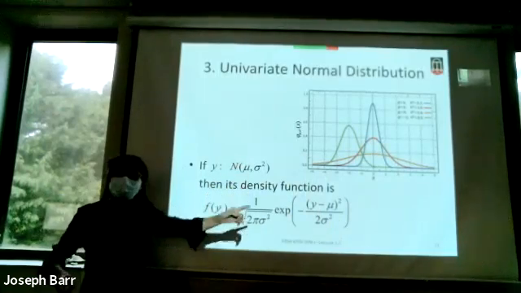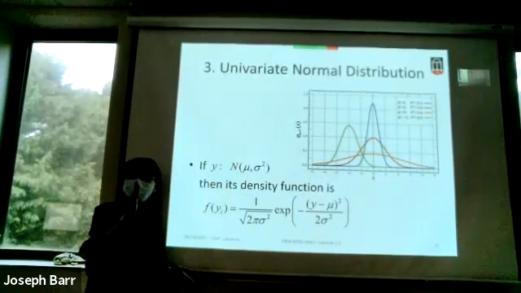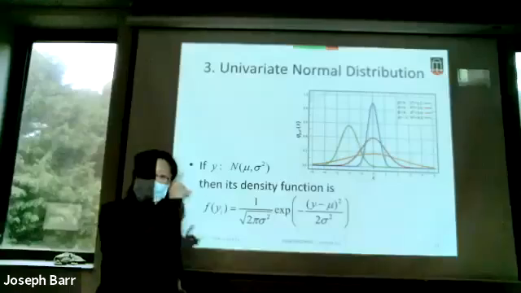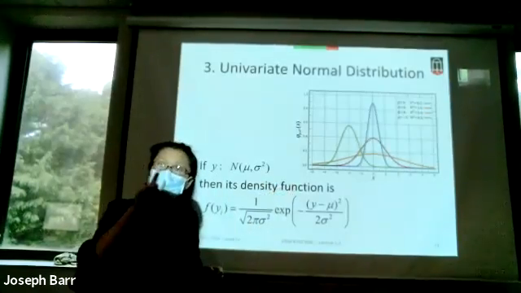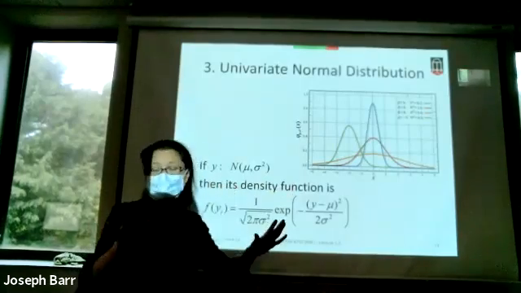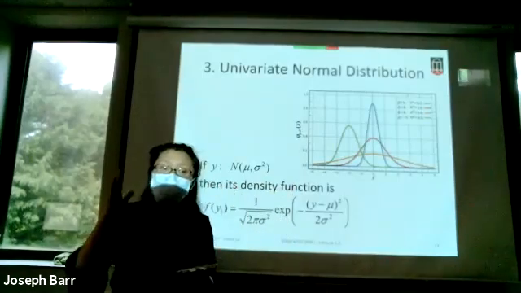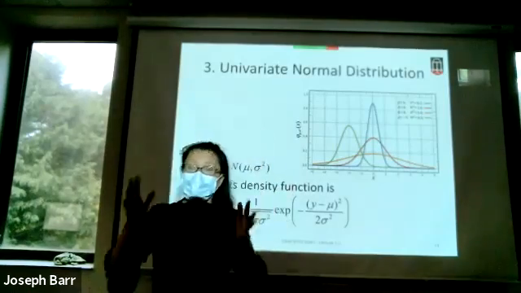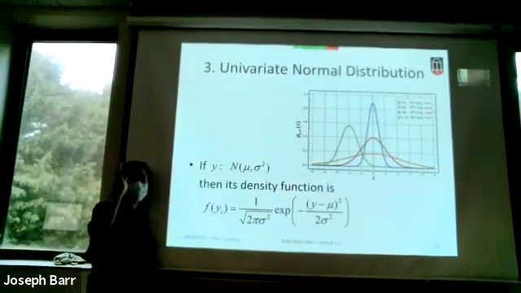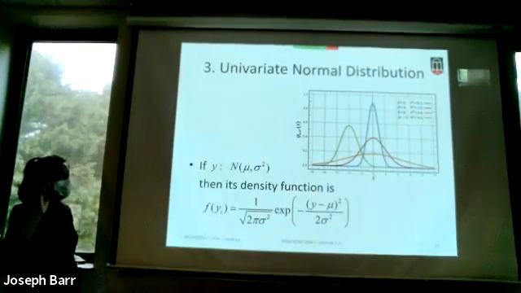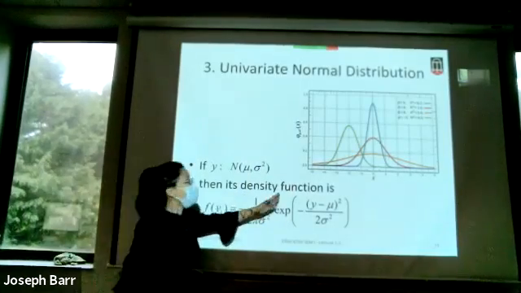And the mu tells us where your center, your location is. You only need to decide these two values, and then the normal distribution will be finally fixed. Of course, we have some other statistics, kurtosis, skewness, but for normal, you only need to know these, and the kurtosis and the skewness will be fixed.